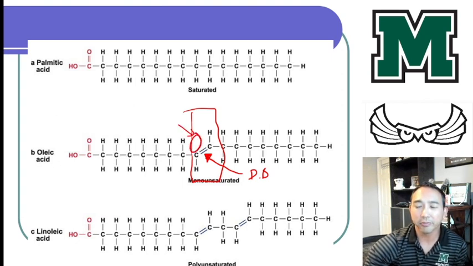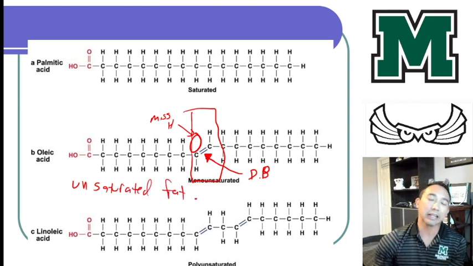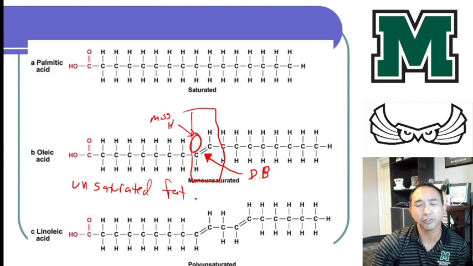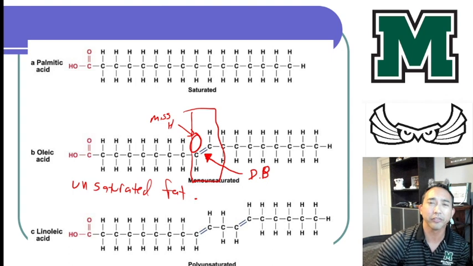This space is missing a hydrogen. Because it has a double bond, it's missing a hydrogen, so now it is not saturated with hydrogen, thus it is called an unsaturated fat. That's how it got its name. It has to do not with what's good or bad, I mean that's coincidental, but with the bonding patterns as well as the hydrogens.